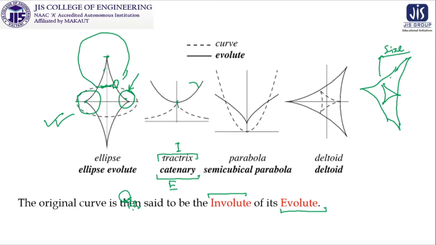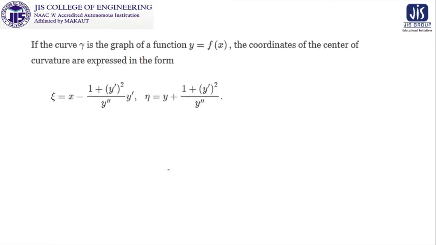Because if someone asks you what is the evolute of tractrix, you can say it is catenary. And if someone asks what is the involute of catenary, it is tractrix. It is a very important observation, and I will try to give you some diagram on this particular scenario. But before that, some problems we are going to discuss.